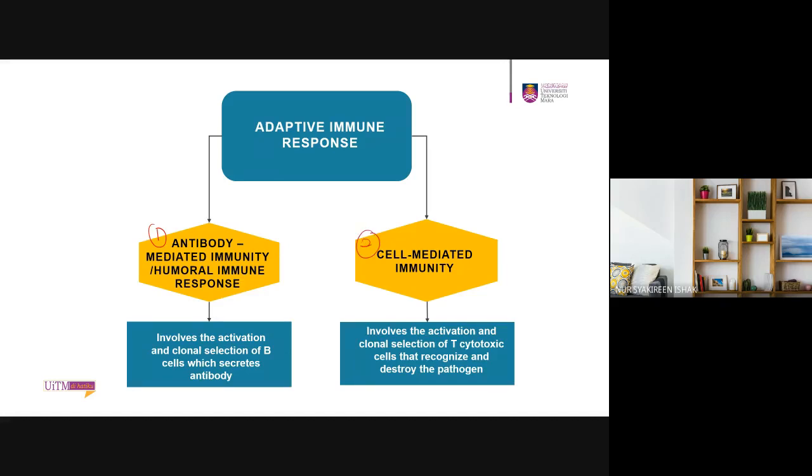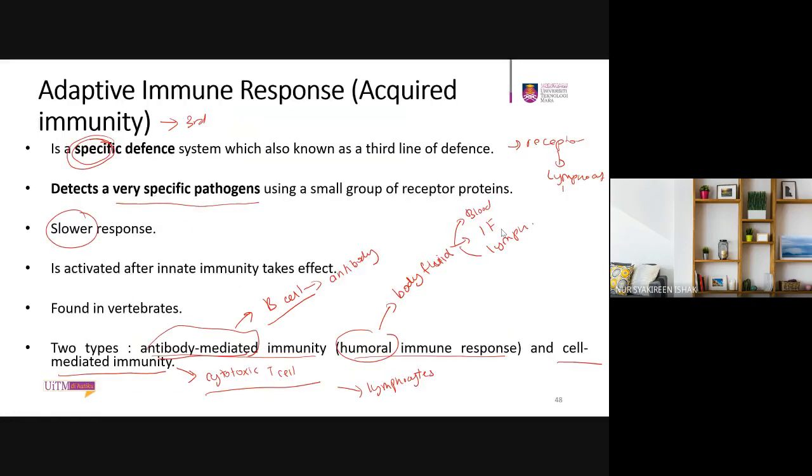Second, you have the cell mediated immunity. Saya lupa nak cakap tadi, it attacks infected body cells. Yang ni body fluid kan? So yang ini dia akan attack infected body cells.